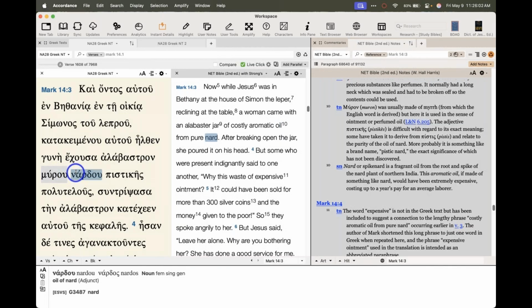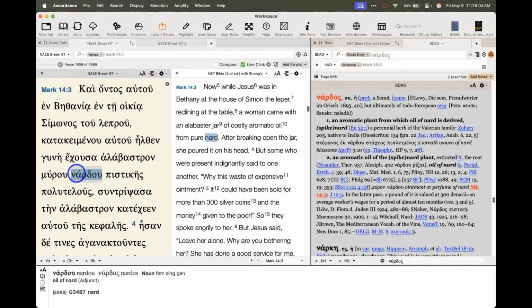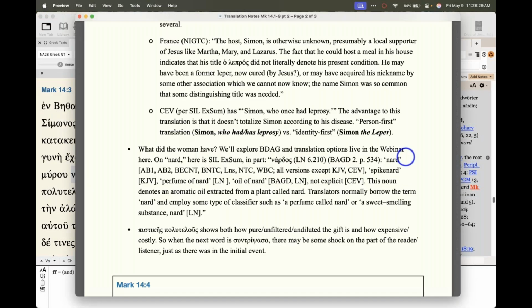Then when we get to nardou, or nard, an aromatic plant from which oil of nard is derived, an aromatic oil of the spikenard plant. I suppose the question is, will anybody reading know what nard is? That doesn't mean you don't translate it that way. It could be an obscure plant that someone has to look up. That's fine. In fact, I've rendered it nard too. Maybe spikenard helps.